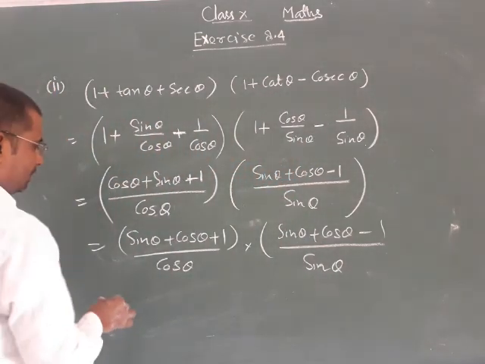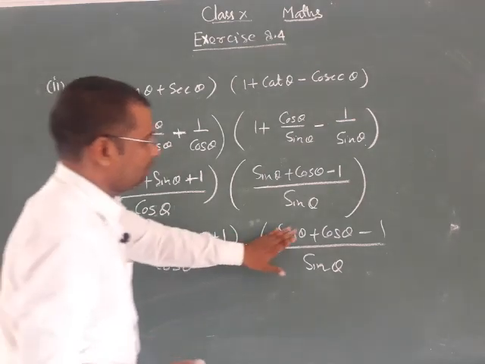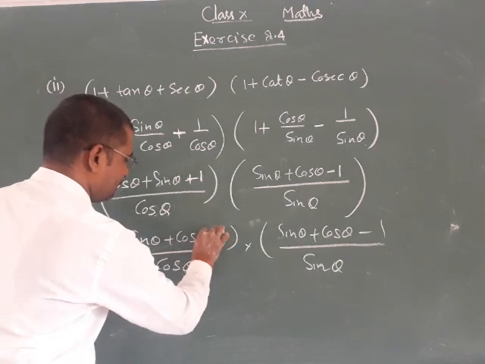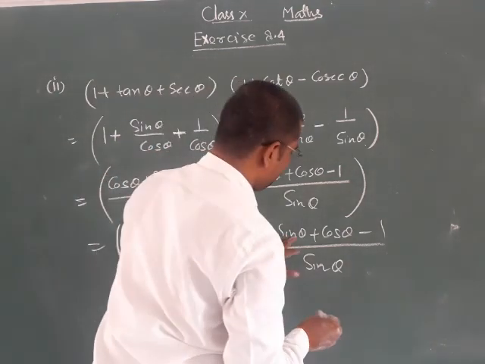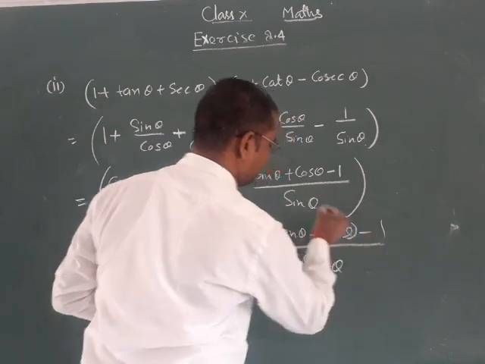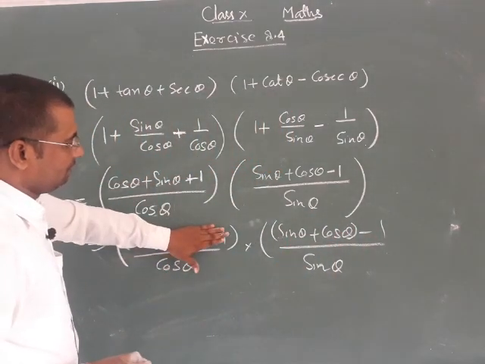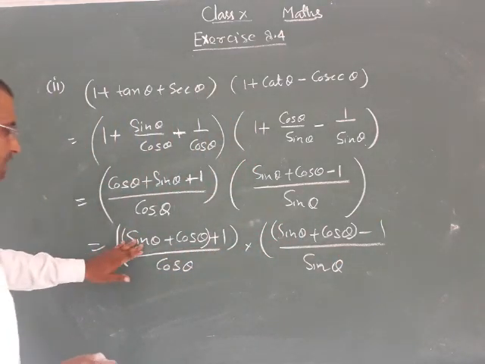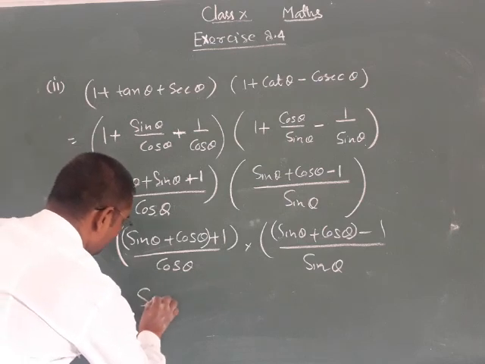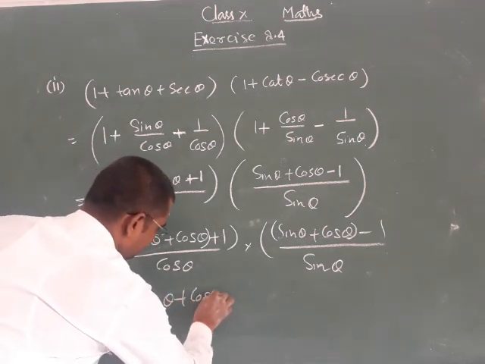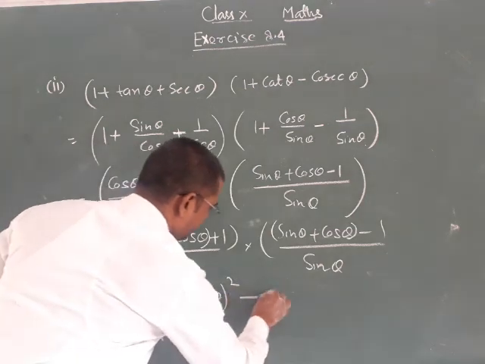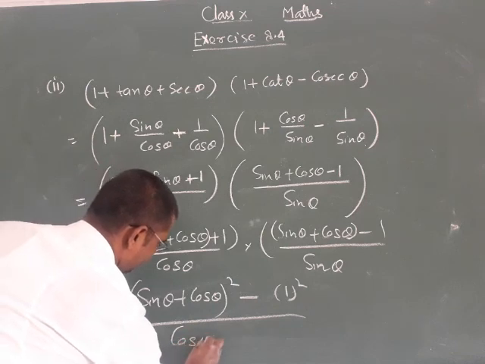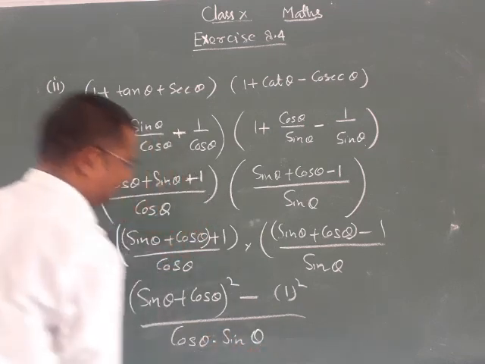So this is sin plus cos, close in a small bracket, and this is sin theta plus cos theta, close in a small bracket. So a plus b, a minus b, the identity a square minus b square. So now sin theta plus cos theta whole square minus 1 square upon cos theta into sin theta.